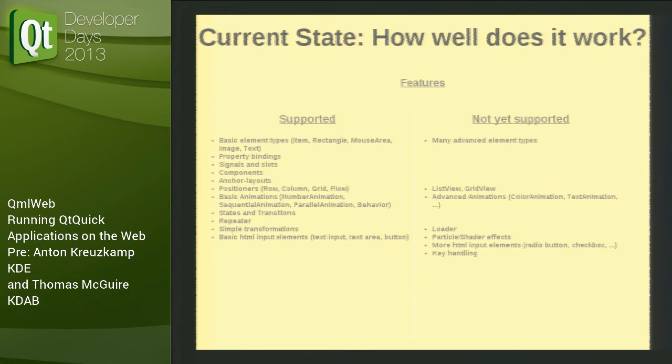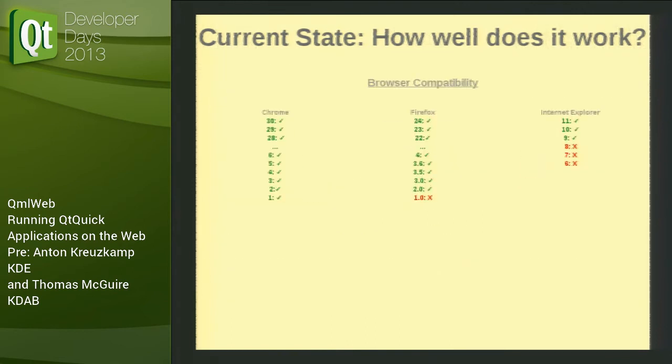So we also have element types to support those. There are quite a few missing still, but it's a work of 5 minutes to implement each of those element types. It's just not done yet. Also, key handling is missing, but as I said, it's work in progress.